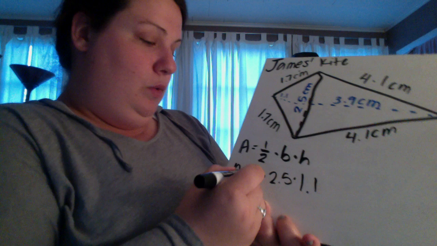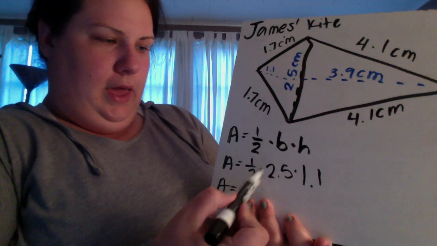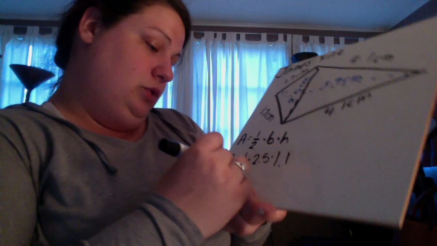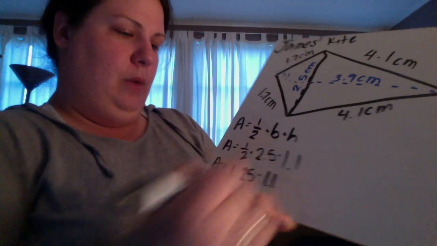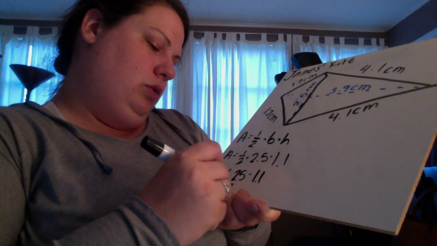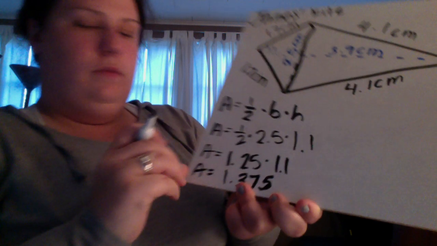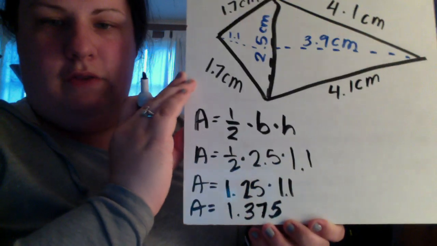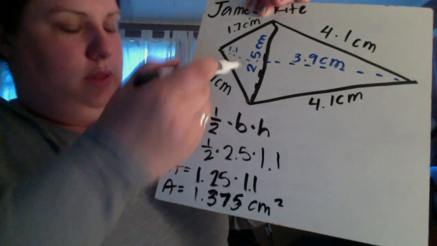We need to go ahead and multiply these three things together. 1/2 of 2.5 is 1.25. And when I multiply that by 1.1, we're going to get 1.375. That's the area of our small triangle on the left.